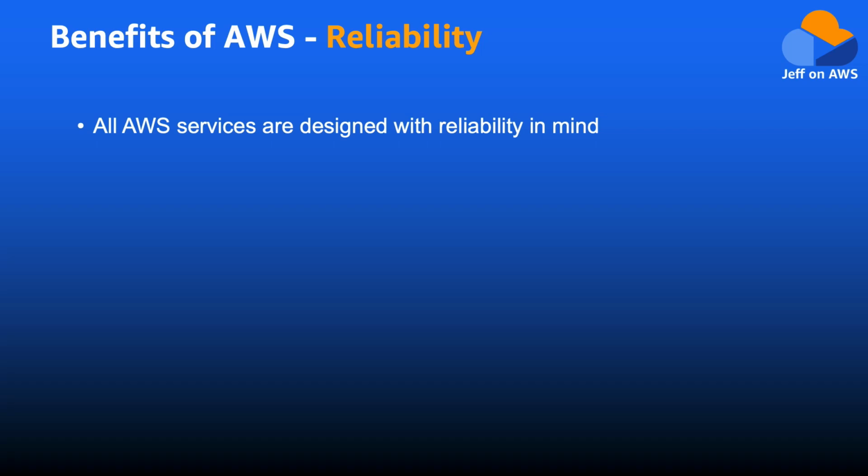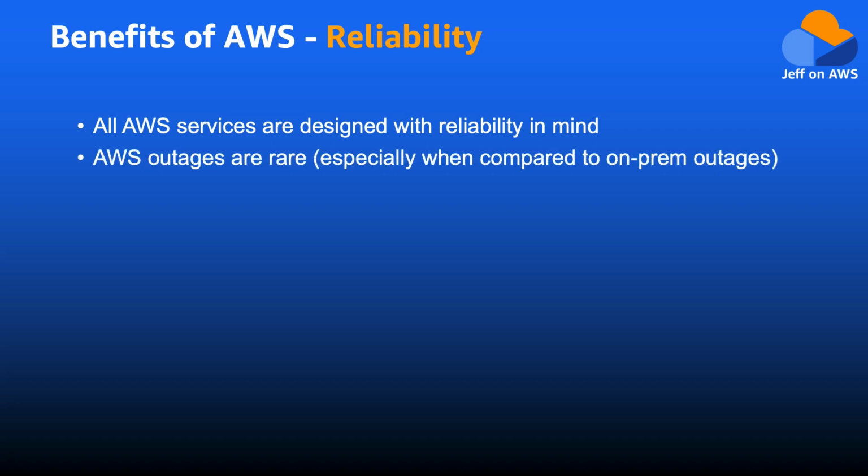When you choose what AWS services you want to use, these were already designed with high availability and reliability in mind. AWS outages are rare. And yes, when AWS does go down, they get a lot of media reporting on that. And yes, it's news because it doesn't happen all that often.